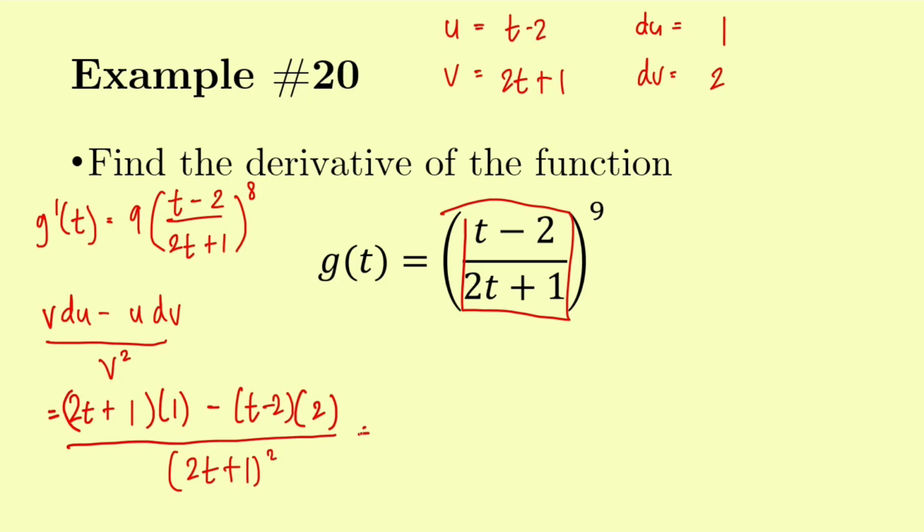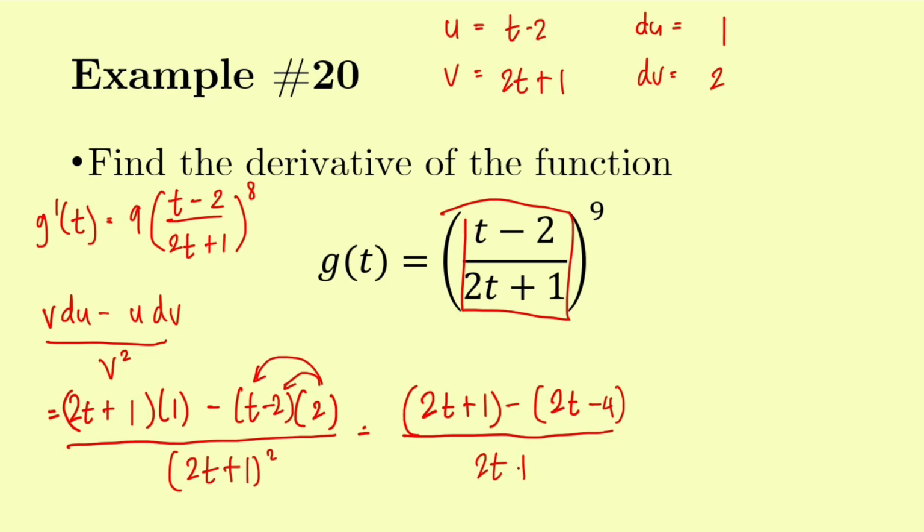Simplify that, magiging, ano siya? 2t plus 1 minus 2t minus 4. I just distribute 2 here. All over 2t plus 1 squared.